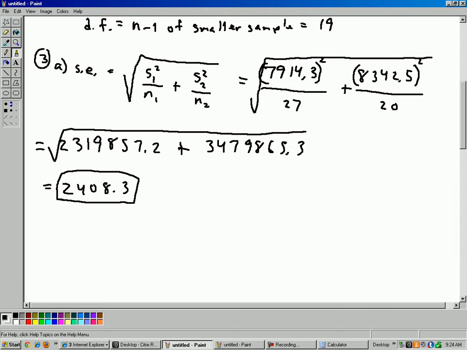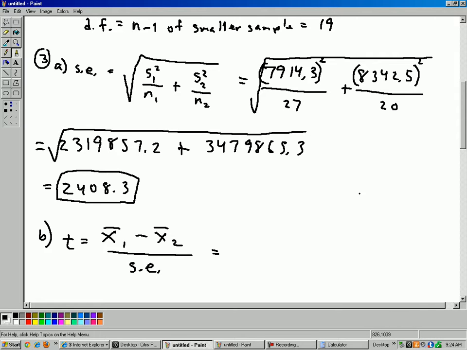Okay, next let's get our t. So this is part B of the analysis stage. The t score is x bar 1 minus x bar 2 divided by standard error.